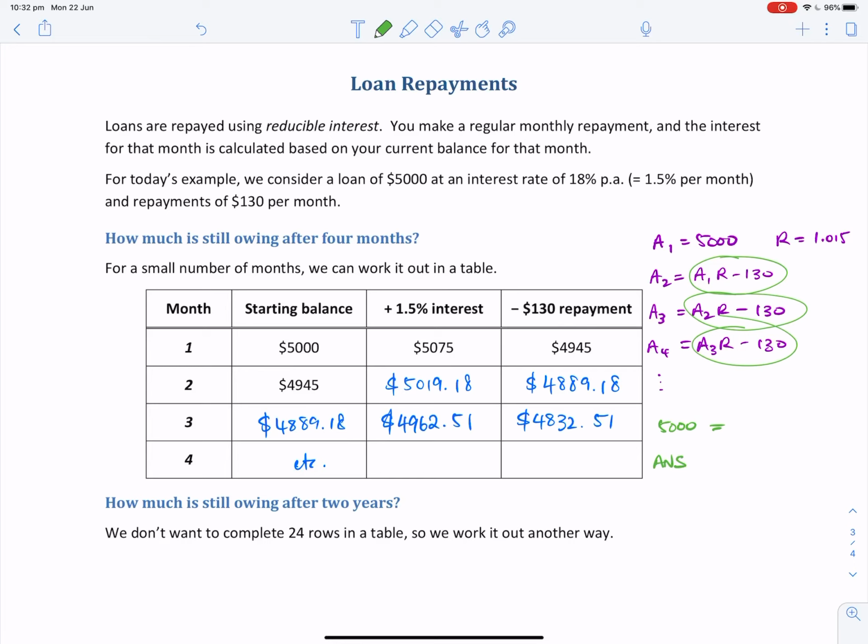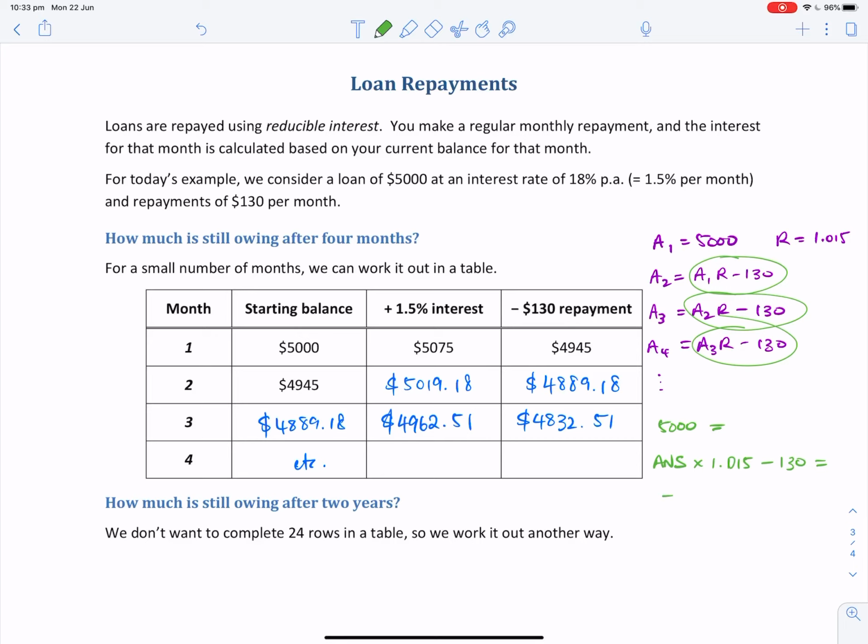So I'll go answer times 1.015 minus 130 equals. If I do that, I get answer times 1.015 minus 130, so I get 4945.